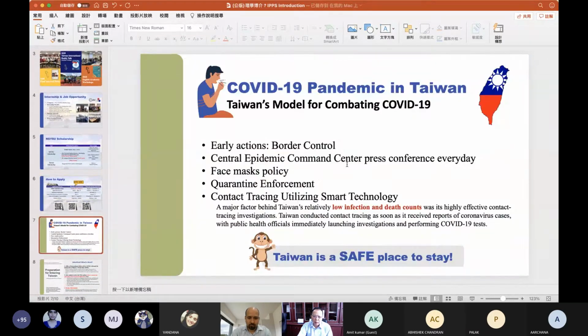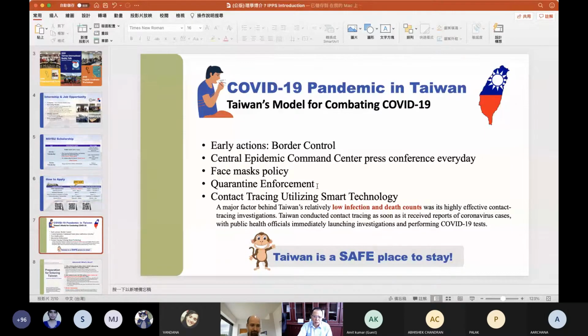So regarding the COVID-19 pandemic, we have very strong border control. This is a very important message for you guys. We have the CECC commander, we have a face mask policy, and we have quarantine enforcement.